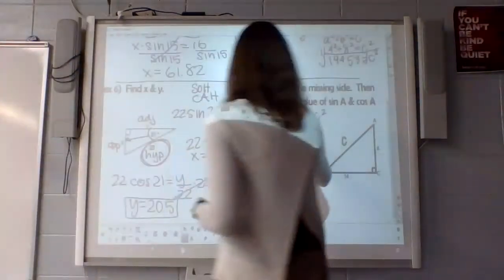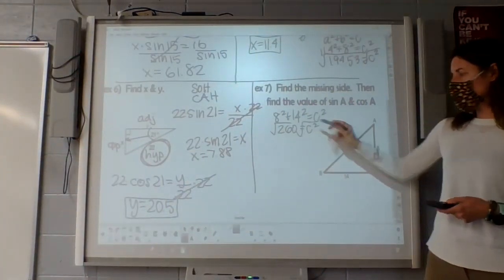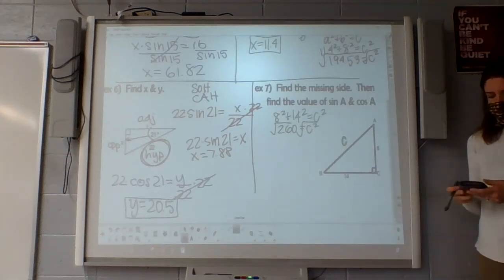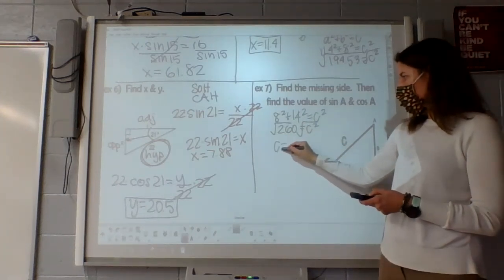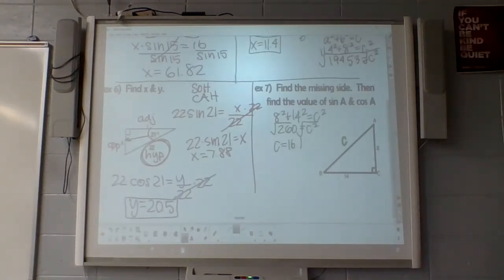So I get like 260 for my c squared. Take the square root. And I got like 16.1 for c. Some of you guys worked ahead on this and wrote it as a simplified radical, and that's fine as well.